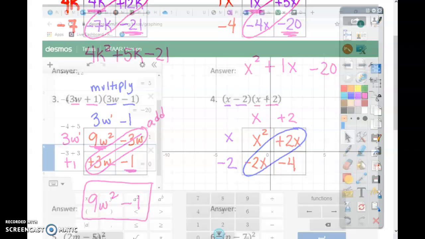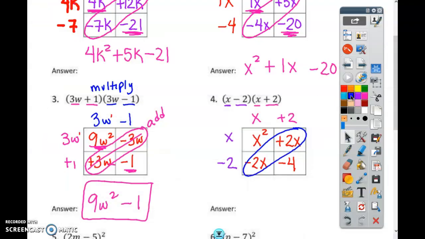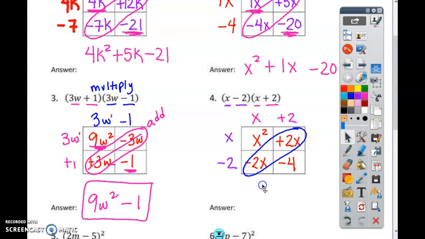When you added them, negative 2 plus 2 zeroes out, so you cancel it. That's why I told you they were going to cancel. So you added, it gave you a 0, so you canceled. So your answer is just x squared minus 4.